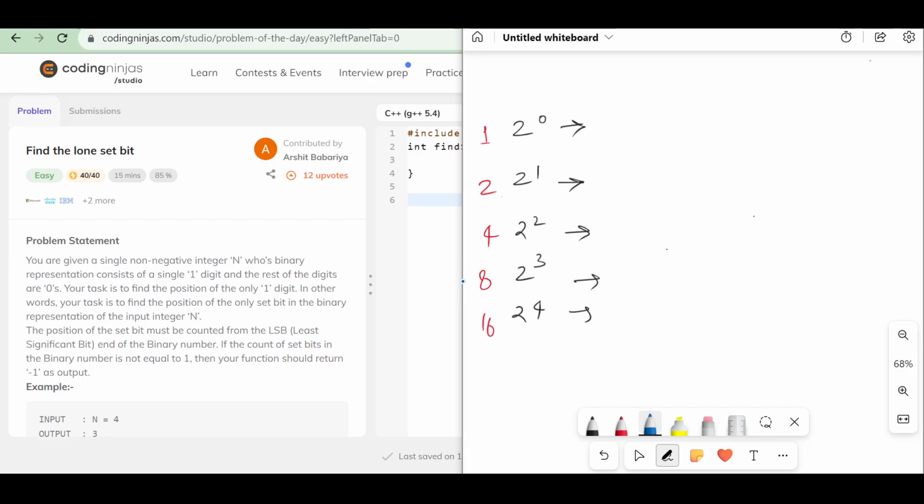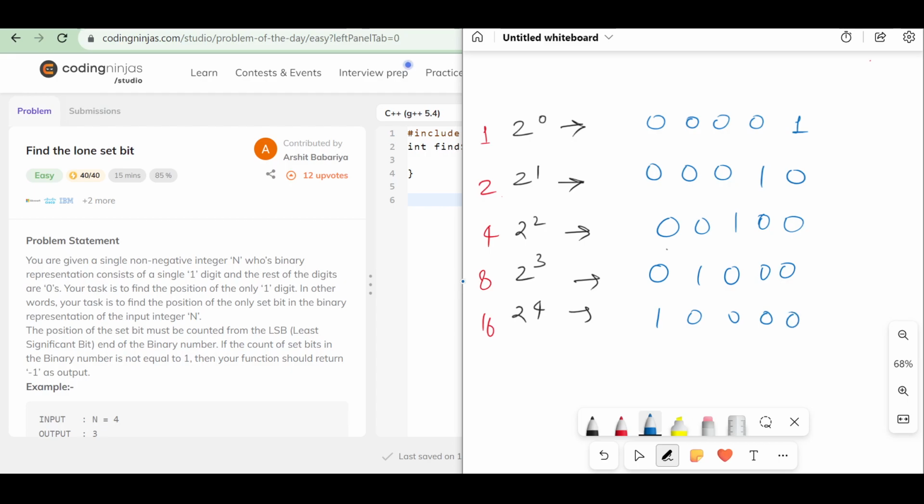Binary representation of 1 is 0 0 0 0 1, and binary representation of 2 is 0 0 0 1 0, binary representation of 4 is 0 0 1 0 0. You can notice that all numbers here have only one set bit. And the binary representation of 8 is 0 1 0 0 0, and of 16 is 1 0 0 0 0. All these numbers have only one set bit.